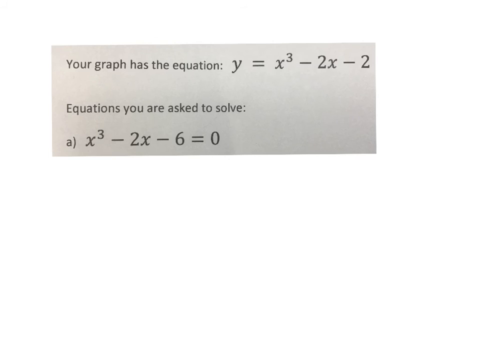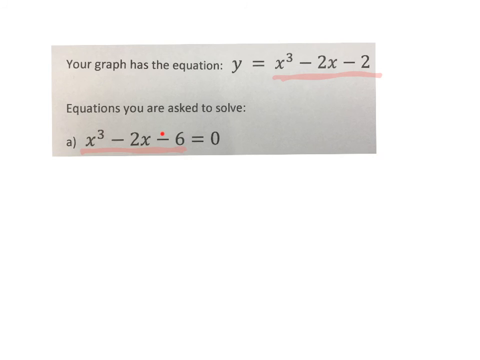So we have to make the left hand side of the equation that we want to solve look like the horrible stuff in the equation. And what we notice when we do this is we have x cubed, well that's the same, so we don't want to change that at all, minus 2x. Well, that's the same, so we're not going to change that at all.